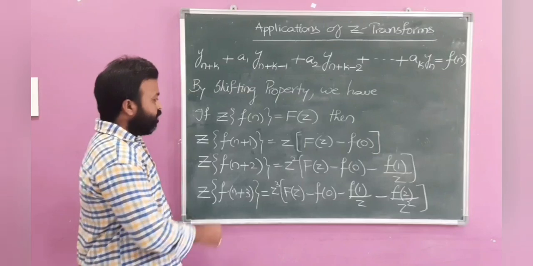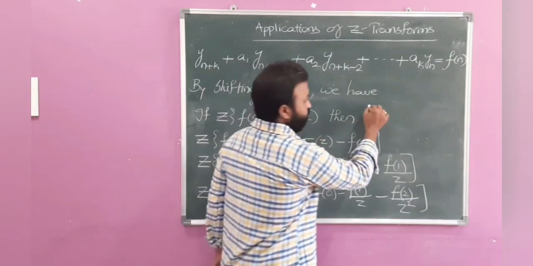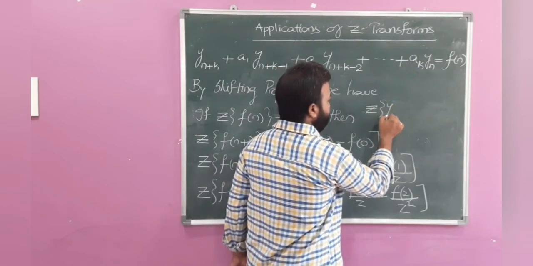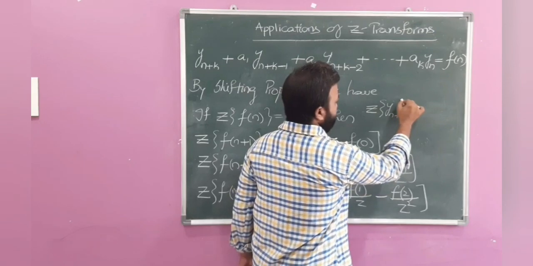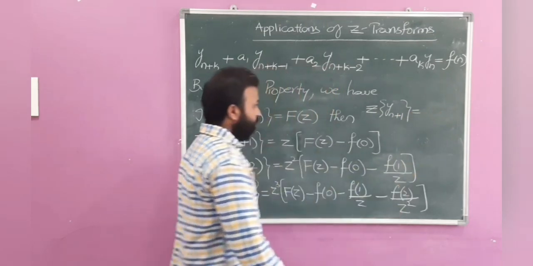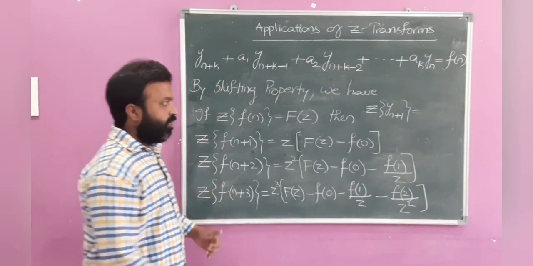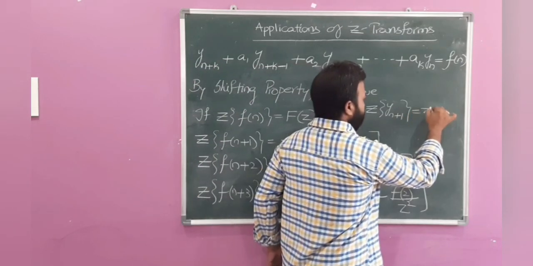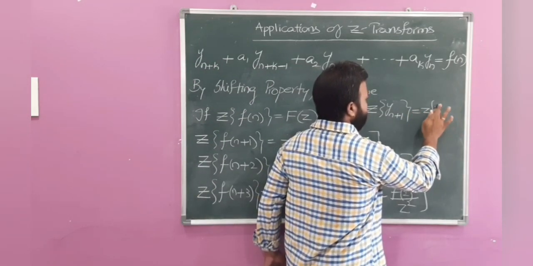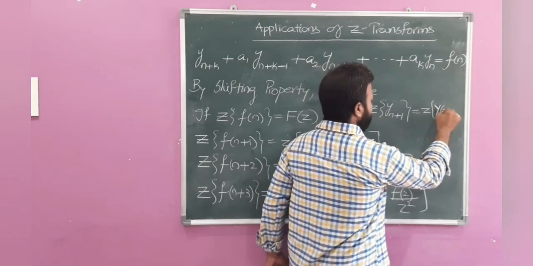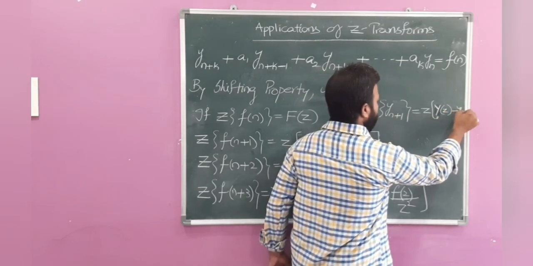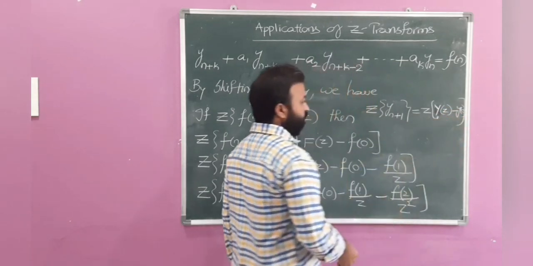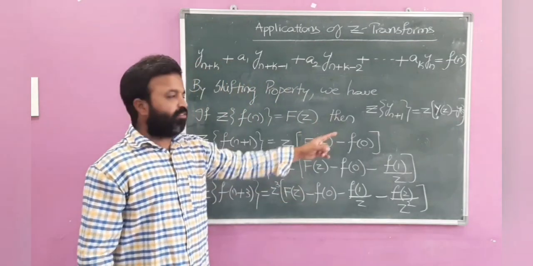So for the shifting property, the z transformation of y(n plus 1) is z into y of z minus y of 0. So this is the shifting property for z transformation of y(n plus 1).